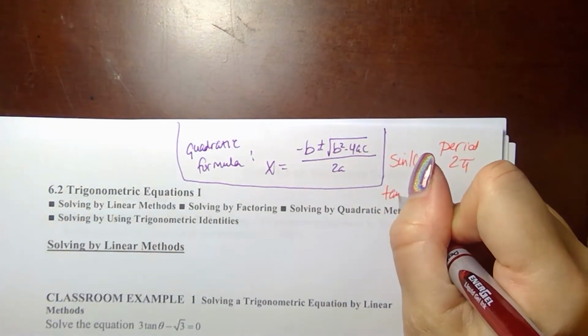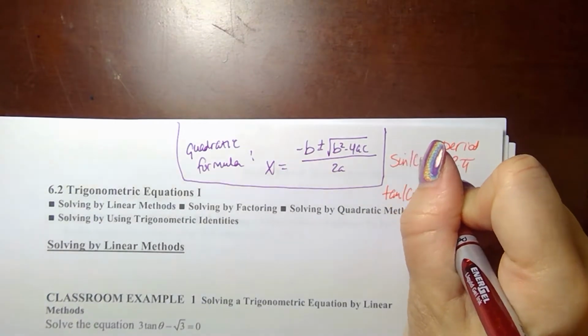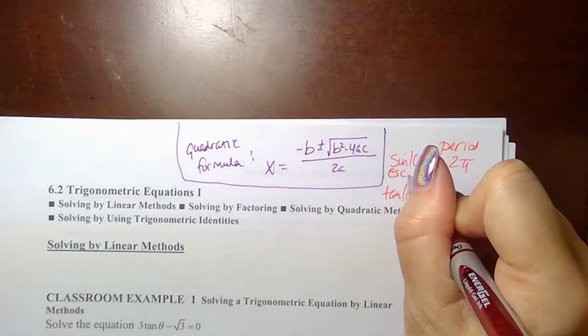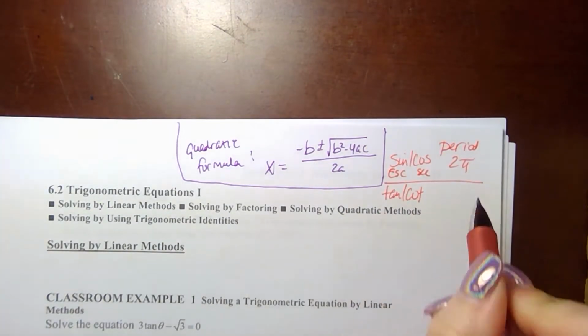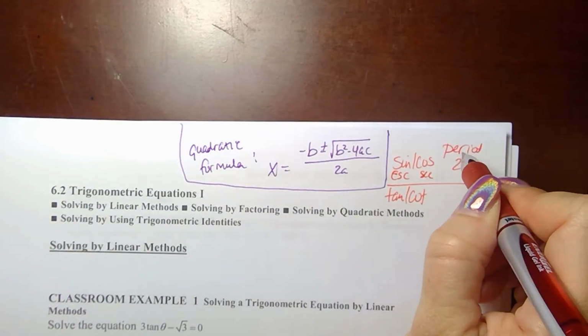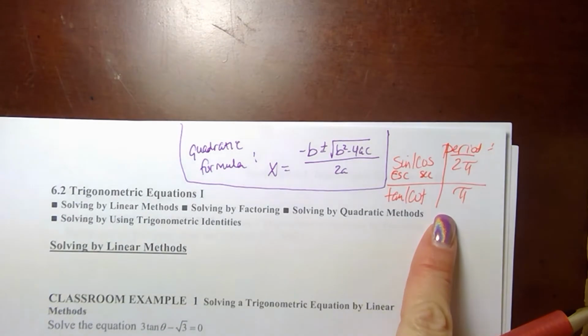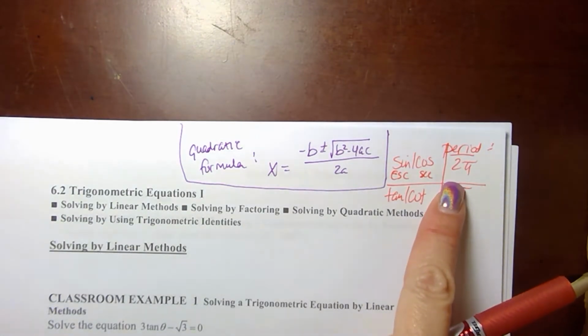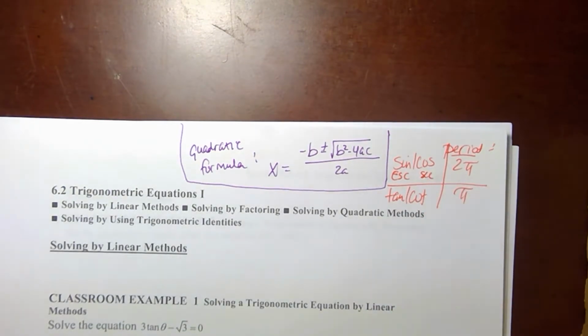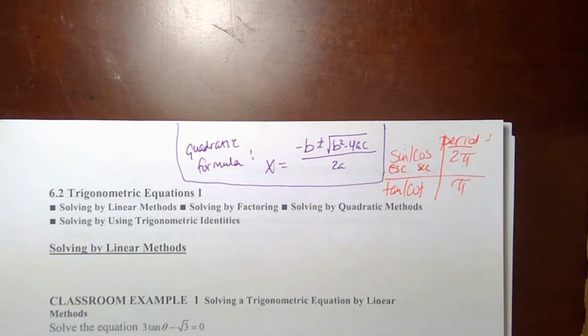So sine, cosine, cosecant, and secant are all periodic over 2 pi, while tangent and cotangent are periodic just over pi. So those two repeat more frequently than the other 4.